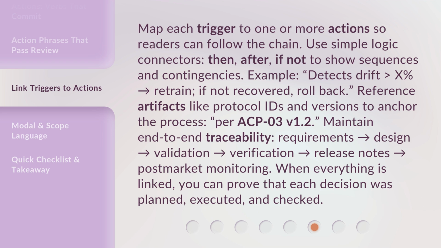Maintain end-to-end traceability. Requirements → design → validation → verification → release notes → post-market monitoring. When everything is linked, you can prove that each decision was planned, executed, and checked.